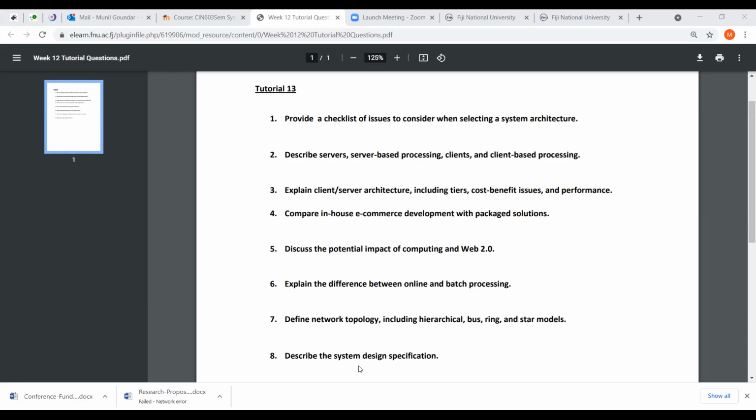Full stop. So clients, these are one or more computers connected to a server.